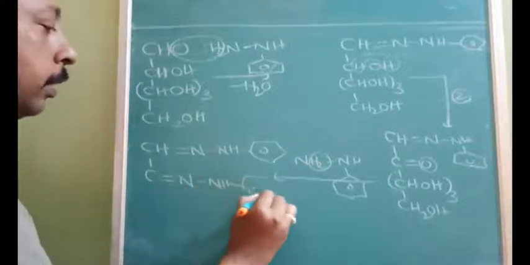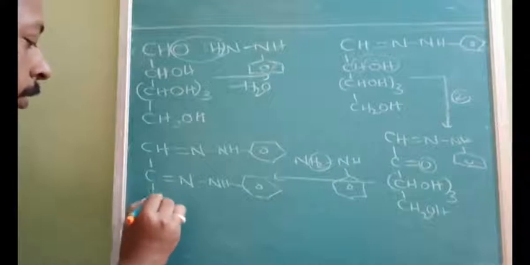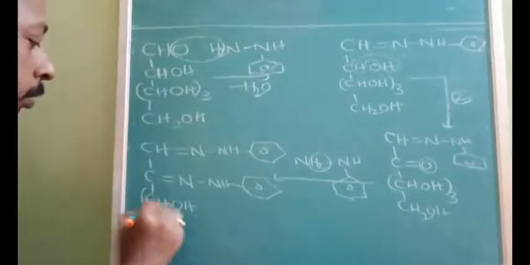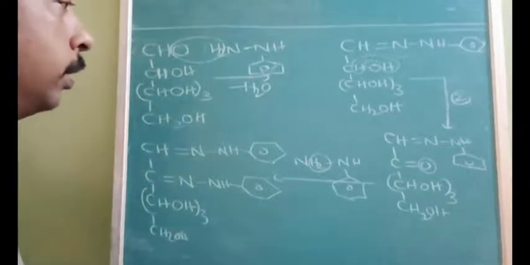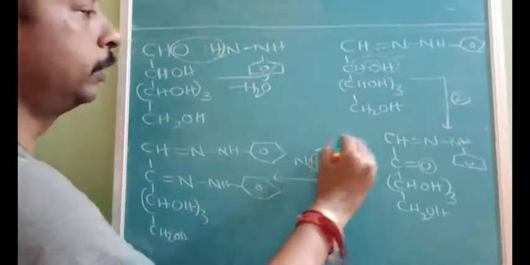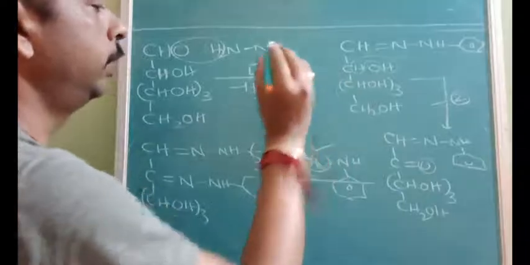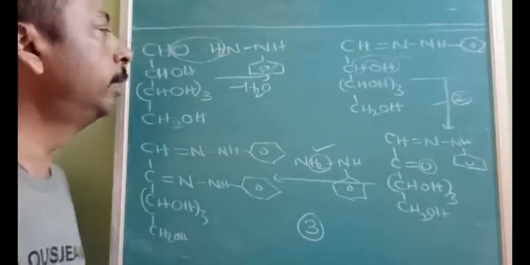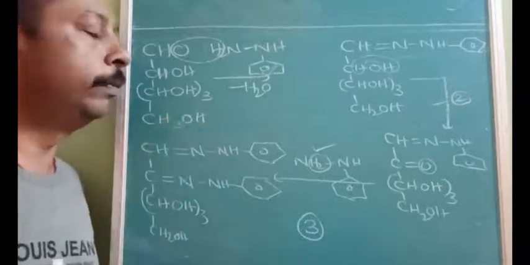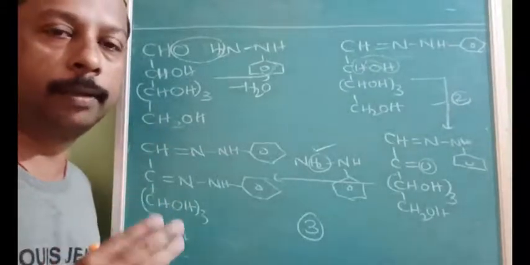Is it understood? Then CHOH thrice, then CH2OH. How many moles are consumed? 2 moles, 3 moles. The answer is 3 moles of phenylhydrazine will be consumed when you treat with glucose. So the answer is 3. Very important question.